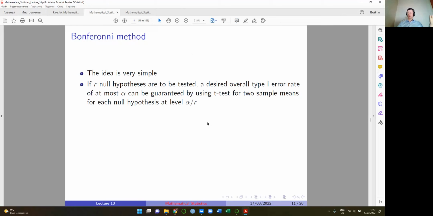Again, it's crude, it's not exact, but as a rule of thumb, as some kind of simplification, it's possible to do.